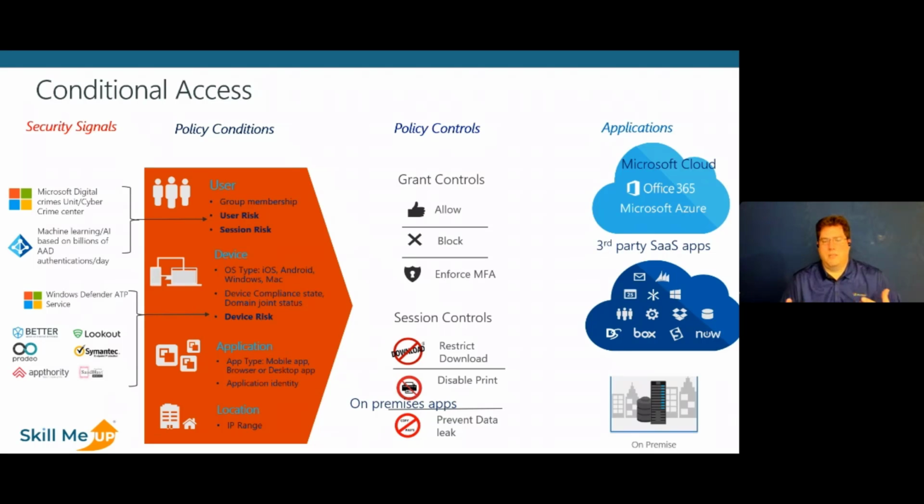So putting all those things in place to control whether we're going to allow users to access those applications and whether they're going to be able to access those from a particular device, as well as those different session controls of restricting downloads, disabling print, and things like that when they're on public networks or potentially risky networks. So a lot of things that you can do putting Microsoft Defender XDR in place.